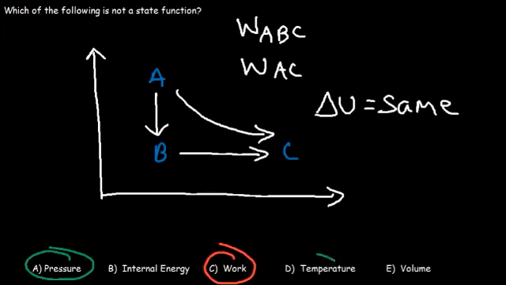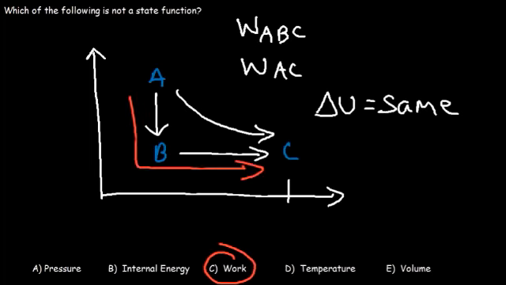Now, pressure, temperature, and volume will be the same regardless of the path taken. If I take the path A to B to C, the pressure at C will still be the same. Let's say it's 2 atmospheres.